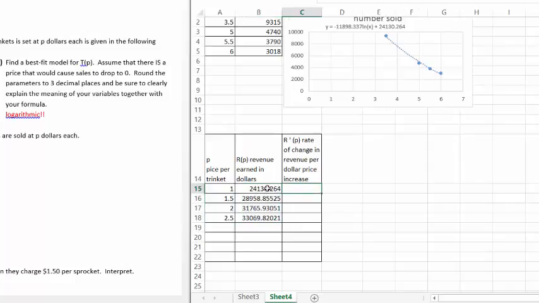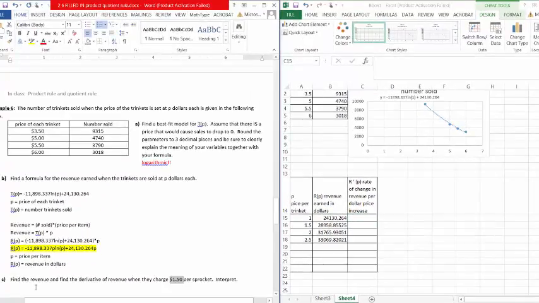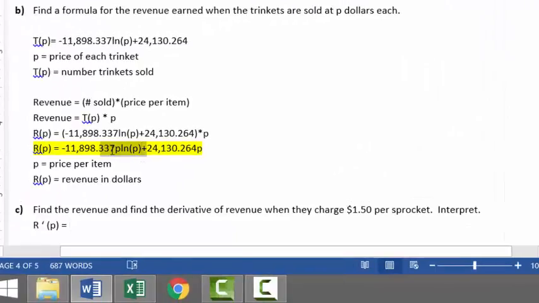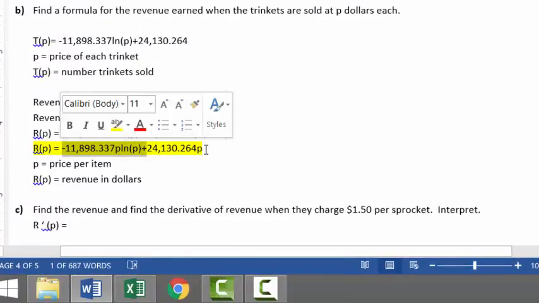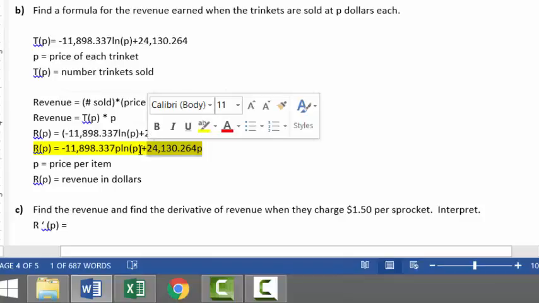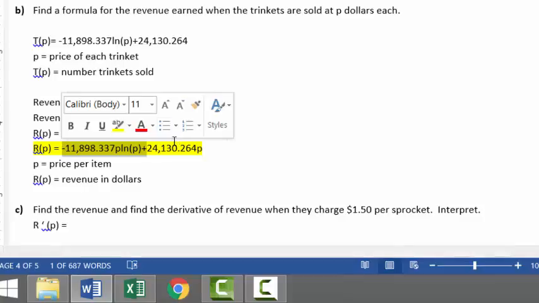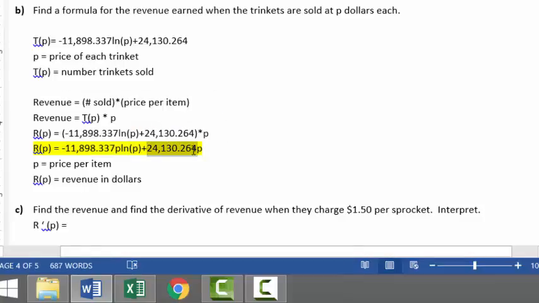All right, it also then asks us to find the derivative and evaluate the derivative function. So I need to find r prime of p. First, notice that my r of p function has two terms. I need to find the derivative of the first term, the negative 11,898.337 p ln p, and then I'll have to add that to the derivative of the second term.